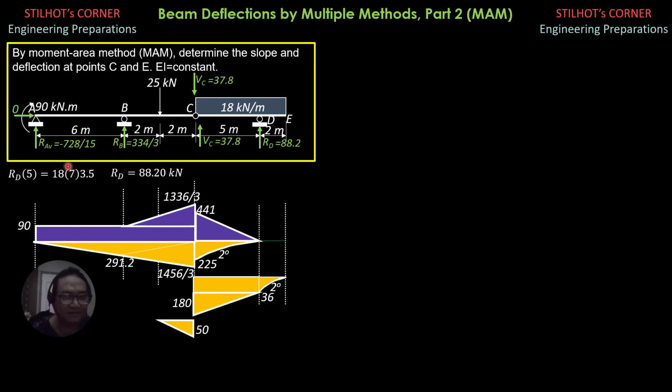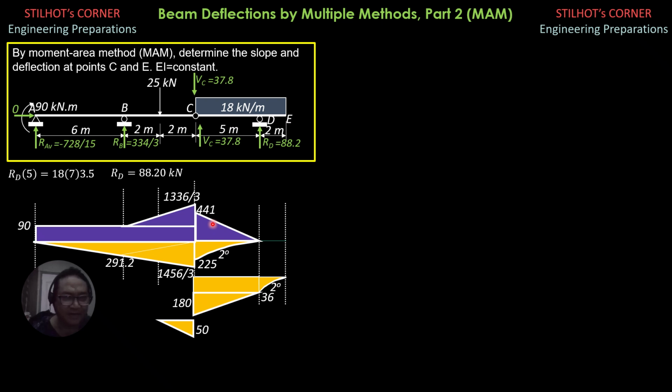Then, of course, 728 over 15 times 6 is 291.2. 728 over 15 times 10 is 1456 over 3. Then 90, 334 over 3 times 4, that's 1336 over 3. 88.2 times 5, so we have 441 over EI supposedly.